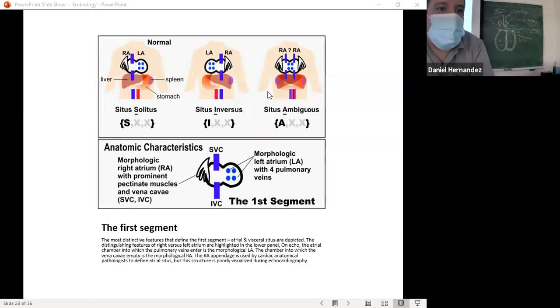Or a patient could potentially be situs ambiguus, which we can't really determine which is the right and which is the left atria. The organs kind of just sit midline. So we can't really determine if the liver's to the left or to the right.